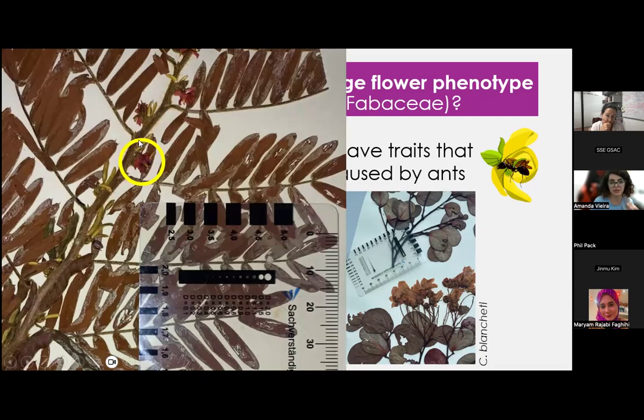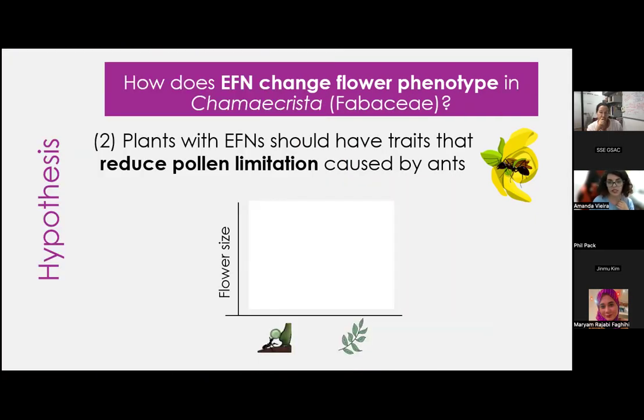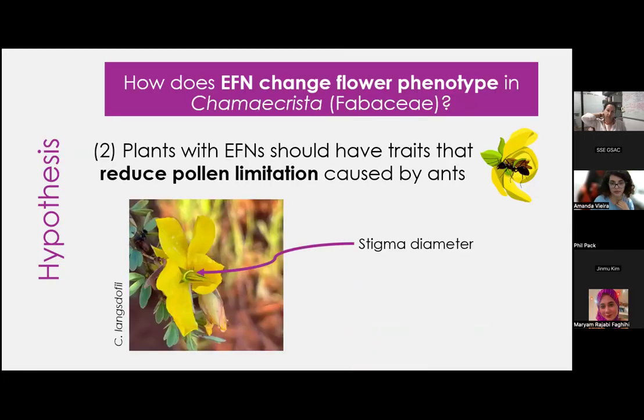And this is the flower, and this is 1 millimeter. So this flower is less than 1 millimeter. So it's possible that plants with extrafloral nectaries have a larger flower size than plants without extrafloral nectaries.